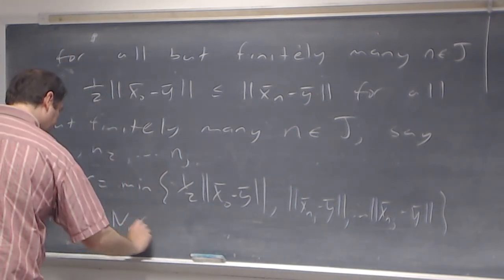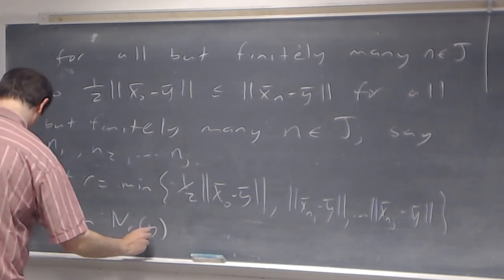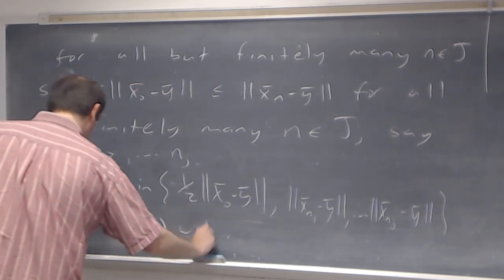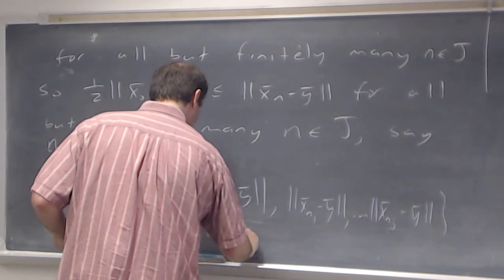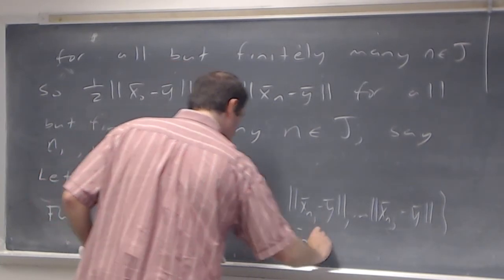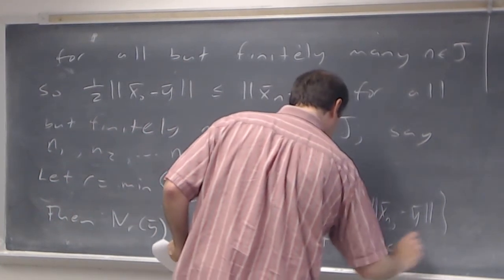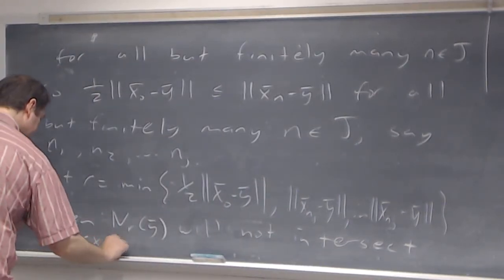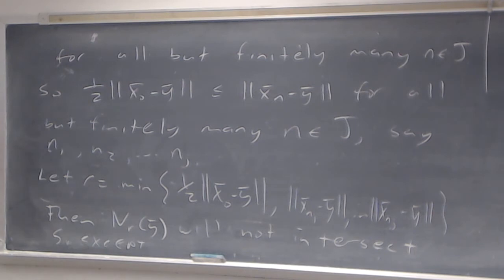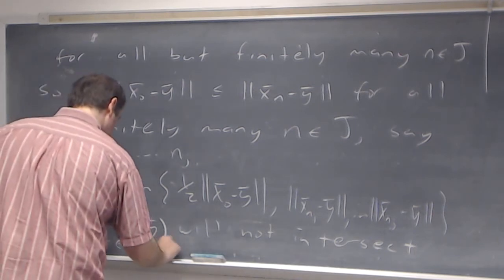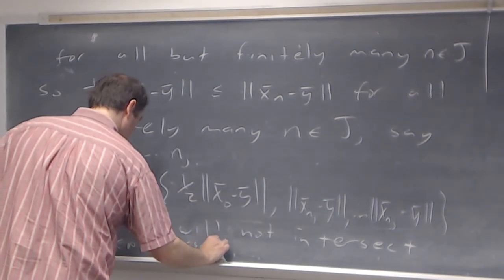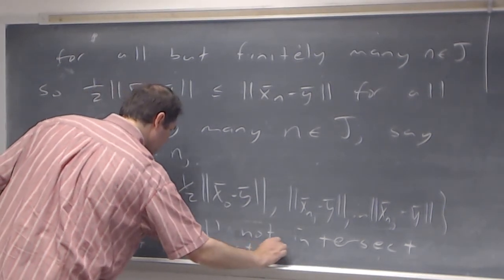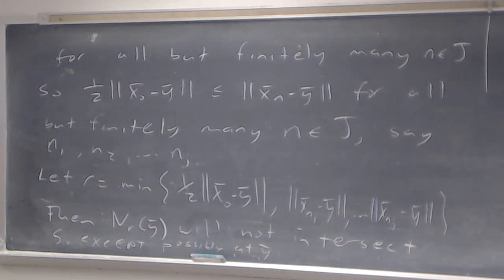The neighborhood with this radius about y will not intersect S except possibly at y. Okay.